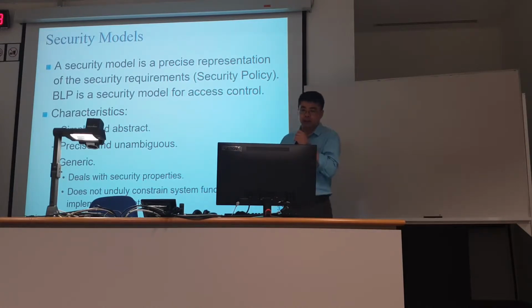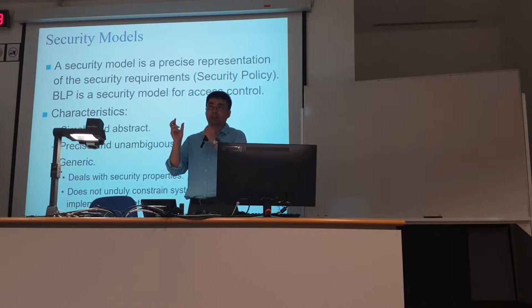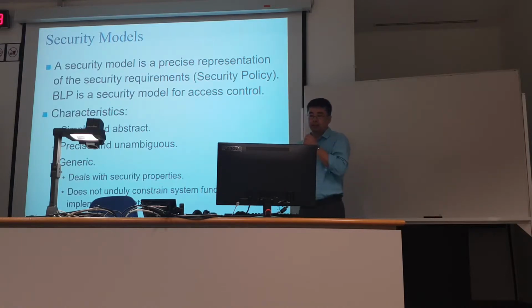So actually, if you study 361 or you will study the subject later, we also have a security model defined for encryption or signature, right? For encryption, we have the so-called IND-CPA or semantic security model. So that's again a very abstract model that can be applied to all the encryption schemes.